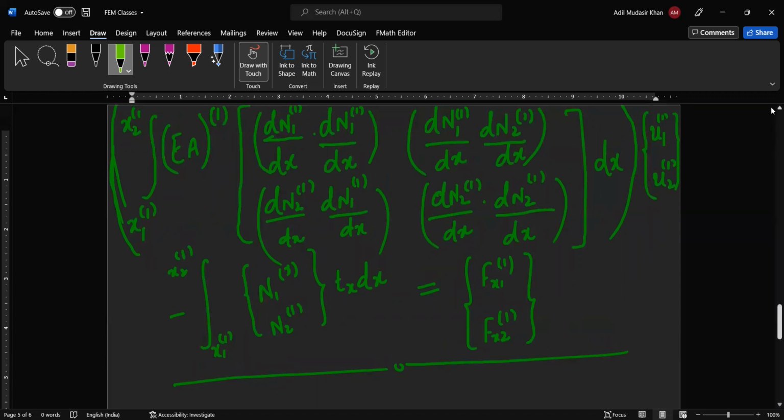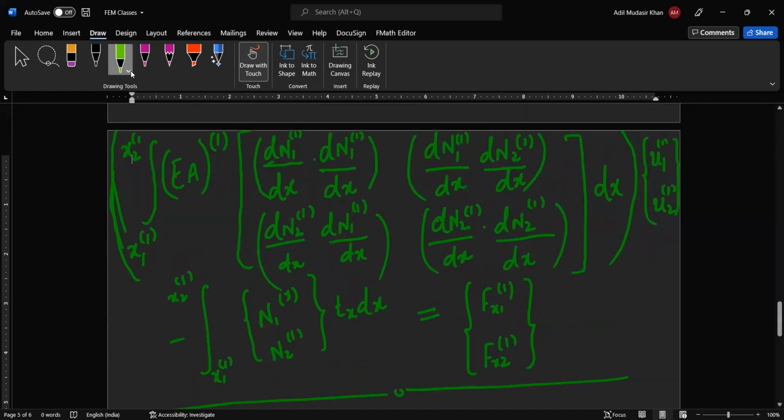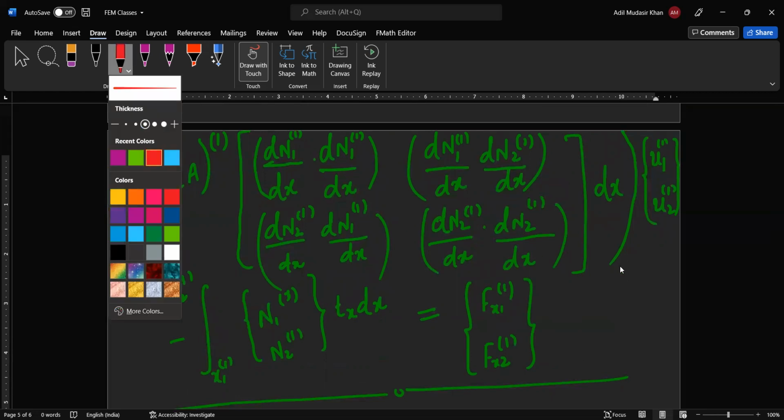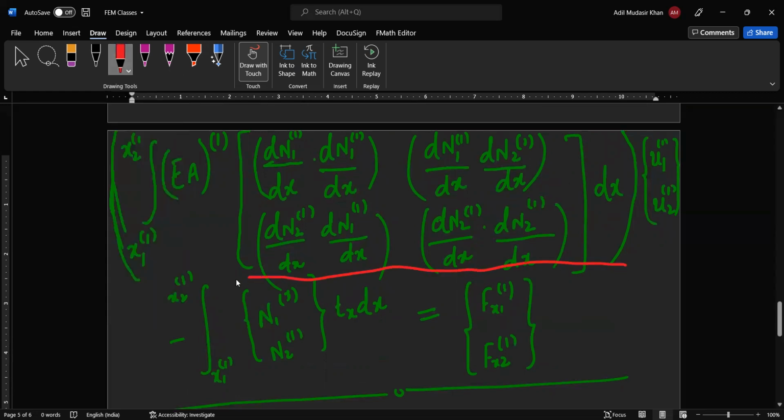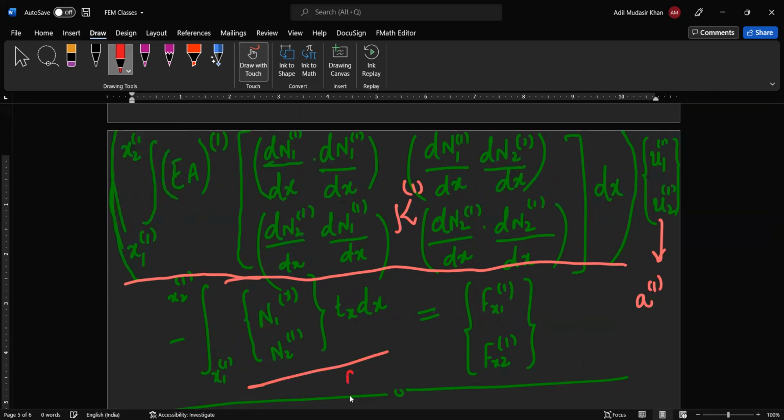Now we have this expression on the left side, this entire expression from here to here. We call this K for element 1. This entire expression we call A for element 1. This entire expression we call F of element 1, and this expression we call Q of element 1.